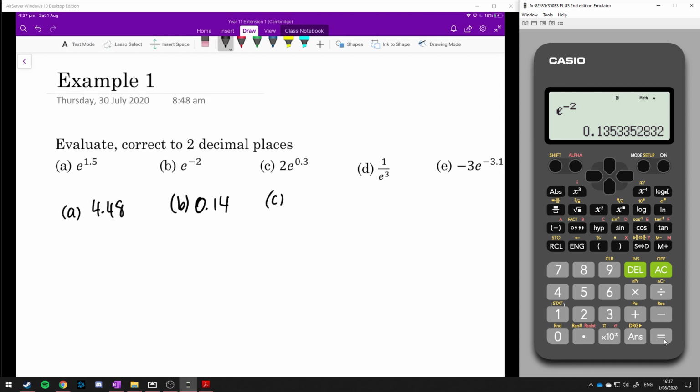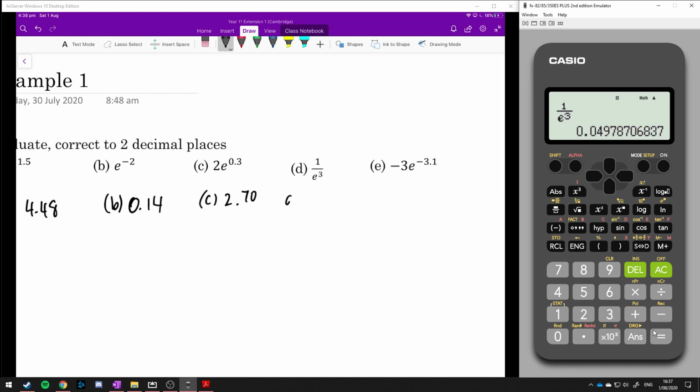Next one, two lots of e to the power of 0.3. Again, we're just going to put it straight in. It's going to give us 2.70 if we round that to two decimal places. The next one is 1 over e to the power of 3, which is equal to 0.05. So d gives us 0.05.